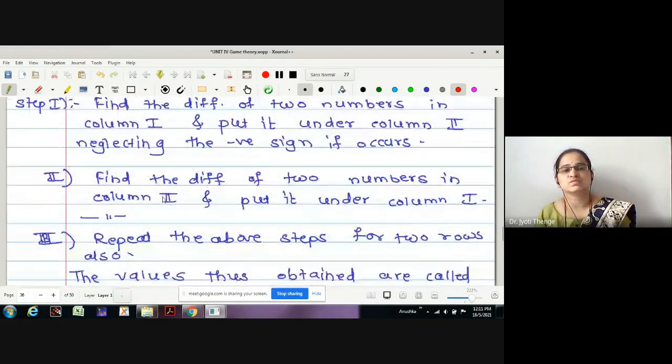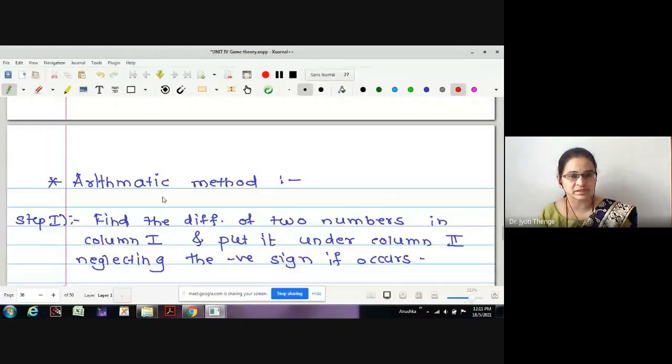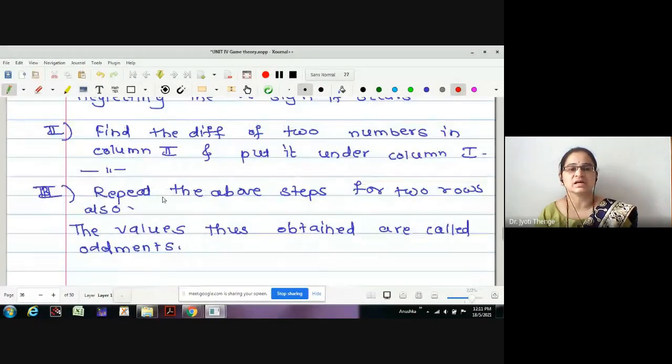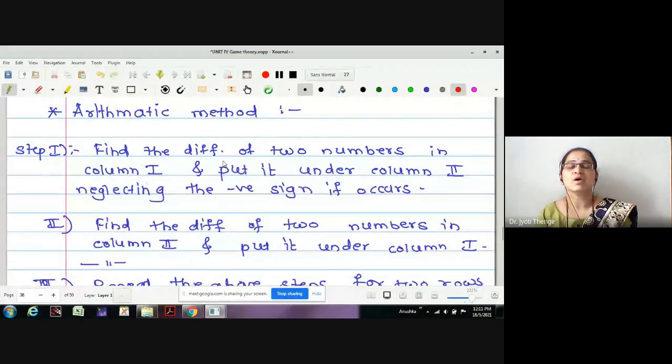This is the shortcut method I told you, because sometimes it is difficult for us to remember all those formulas. What this method tells us: find the difference of the two numbers in column 1, put it under column 2, neglecting the negative sign. Why were we neglecting the negative sign? Because this is actually finding the probability, and probabilities are never negative.